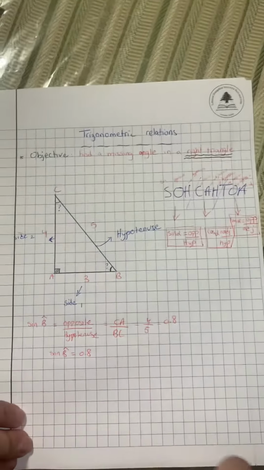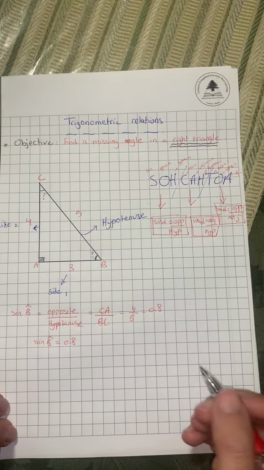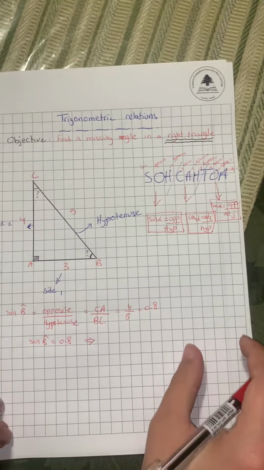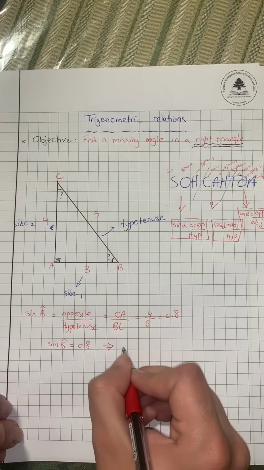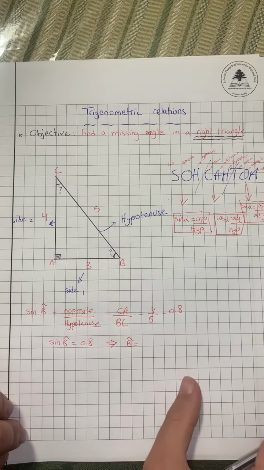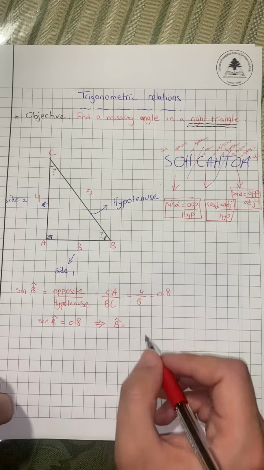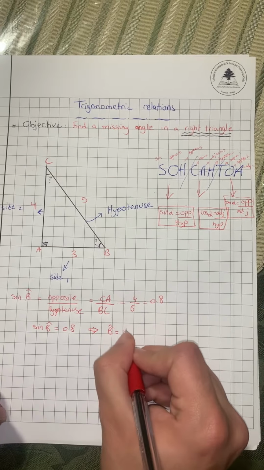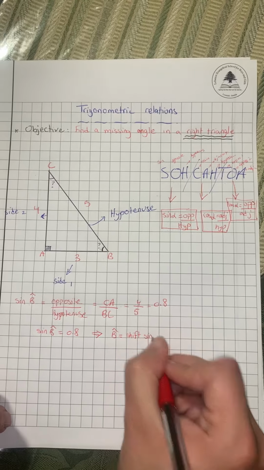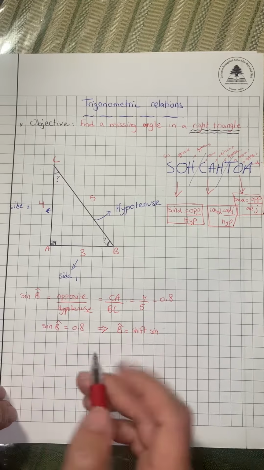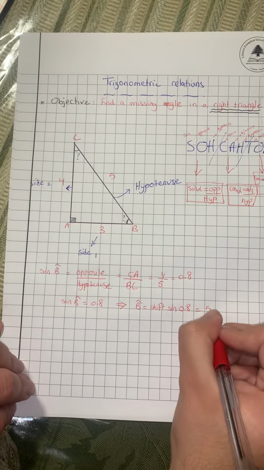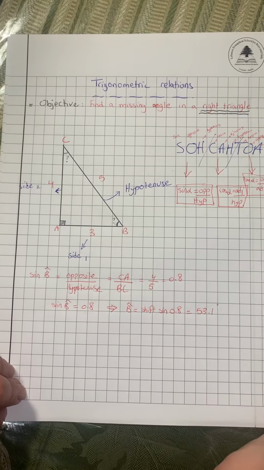However, we didn't find the value of angle B. In order to find the value of angle B, you have to get your calculators ready, and you press shift, sine, your answer that you obtained, which is 0.8, and you press equal, and you will get 53.1 degrees.